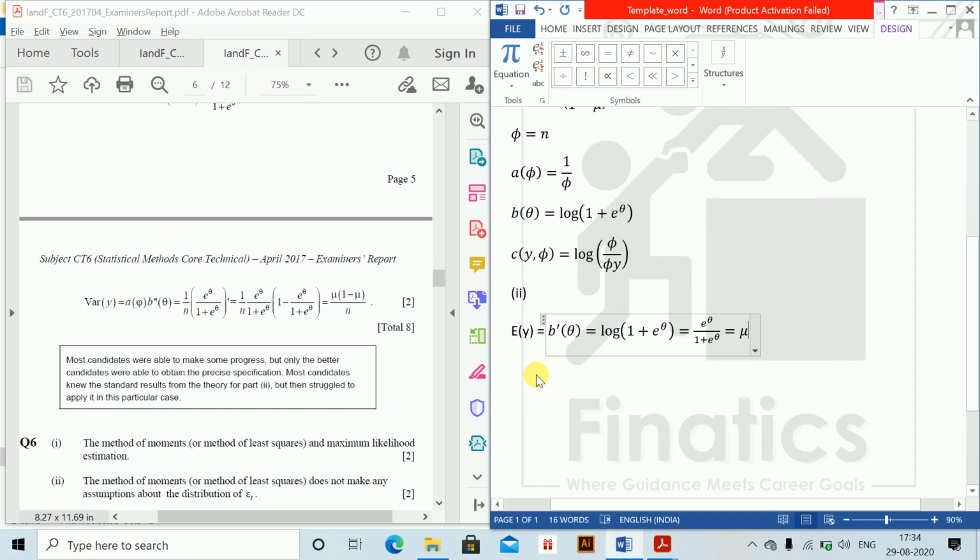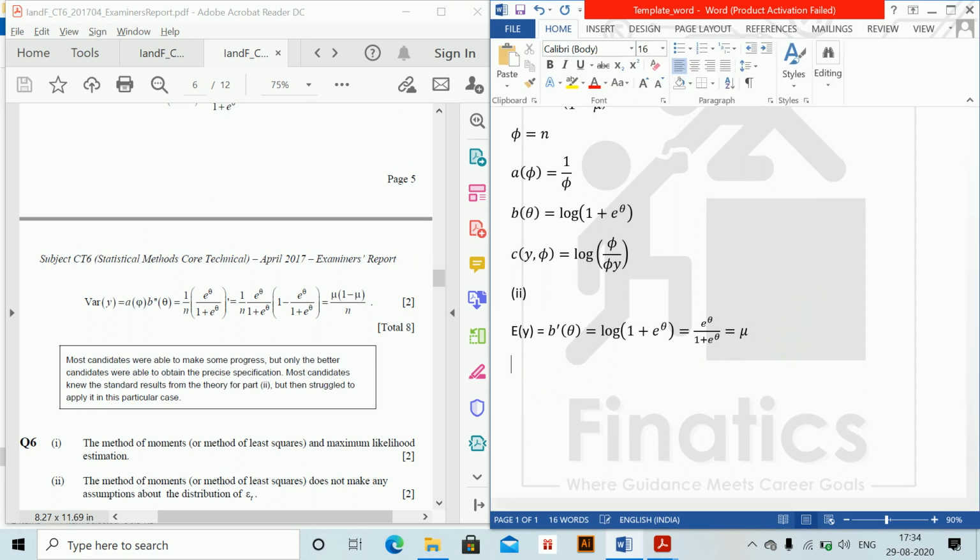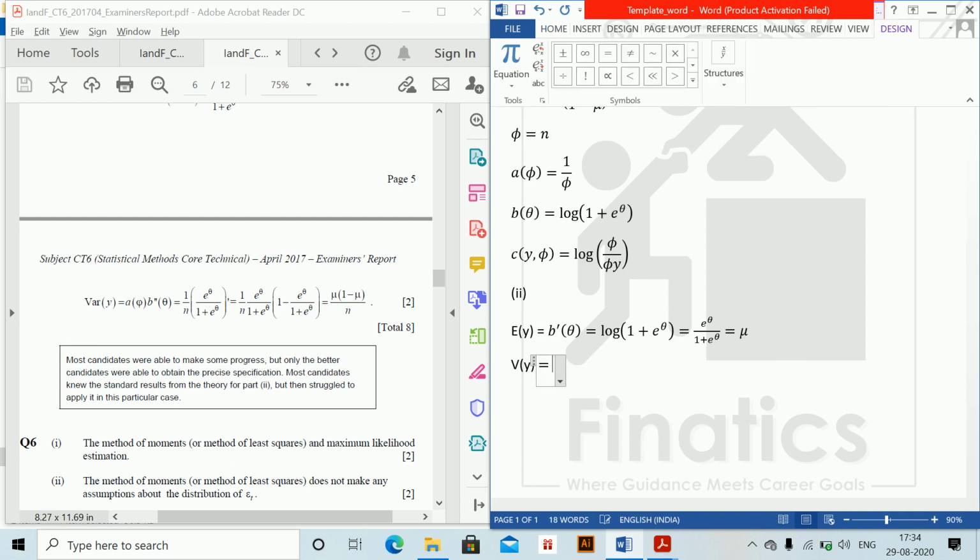And the last portion is variance of y, which is equal to a of phi into b double dash of theta, which is equal to 1 by n times e to the power theta divided by 1 plus e to the power theta.